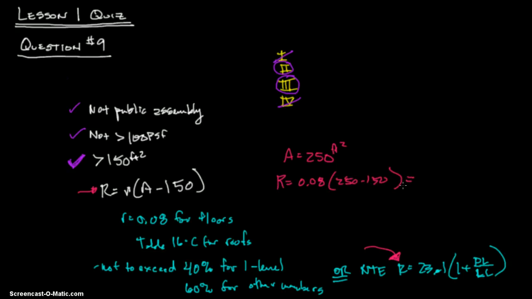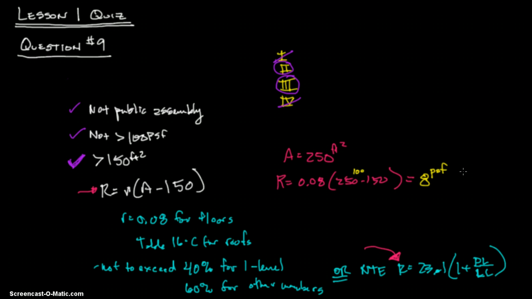250 minus 150 is 100. Let's change colors so I'm not confusing anyone. 100 times 0.08, so you have 8 hundredths times 100. That's 8. I believe this is PSF per pitch of roof, over 35%, 30%, I don't remember what it was. Let me go back.